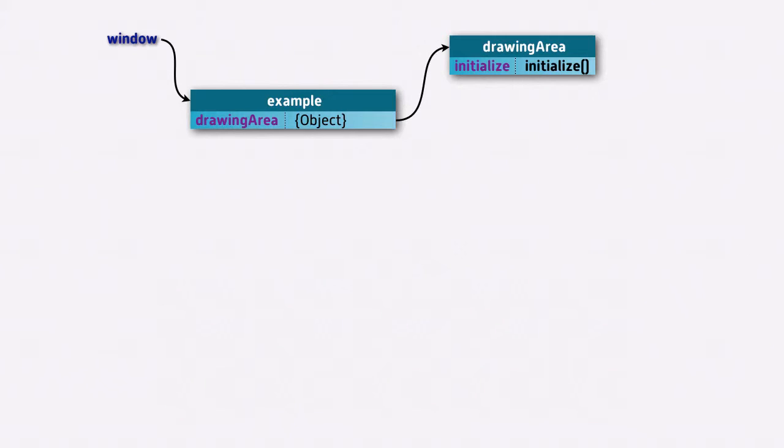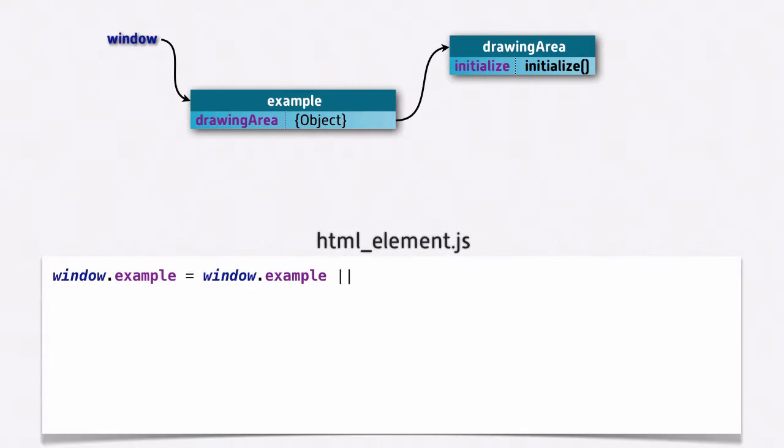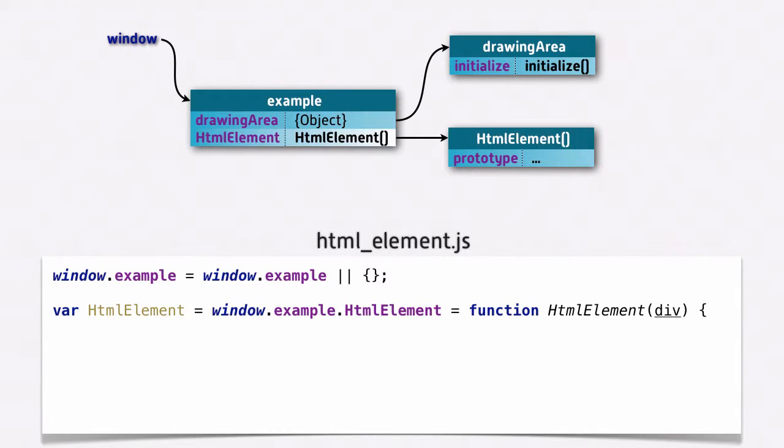The next module we're going to define is HTML element. Again, we start out by initializing our global namespace. However, in this case, we already have a window.example object, so it doesn't get reinitialized. That's why we have the window.example or empty object. It will use the existing one if it already exists. Then, in this case, we're going to define our module as the class itself.